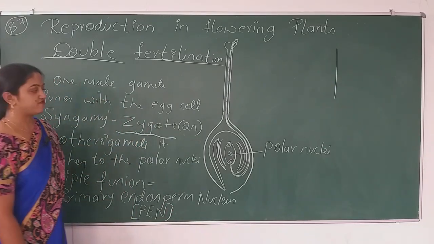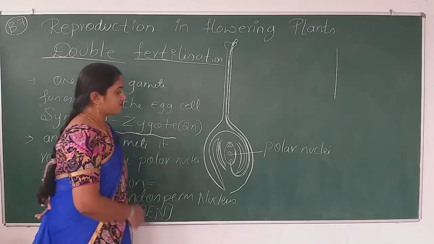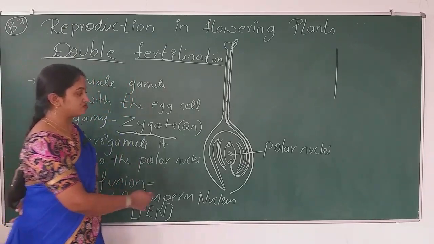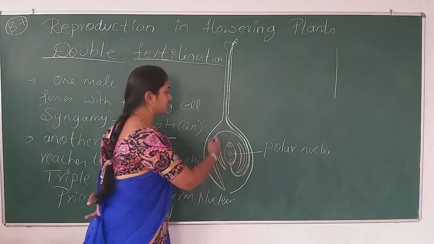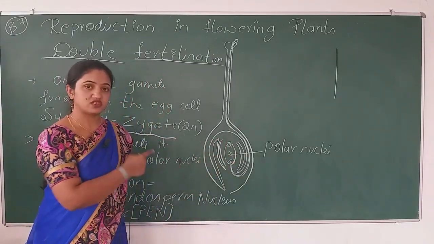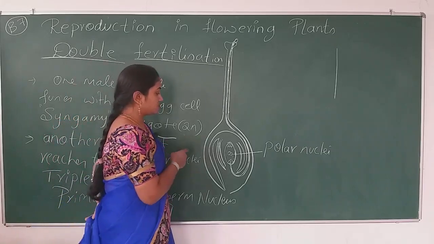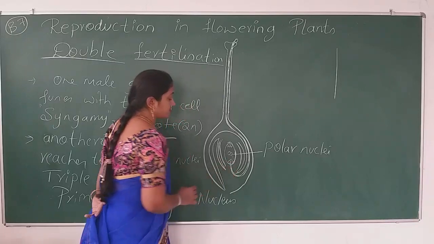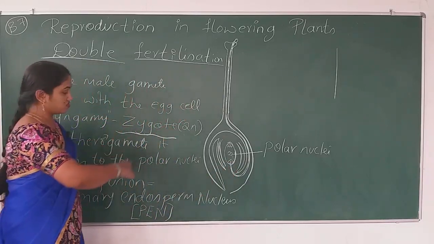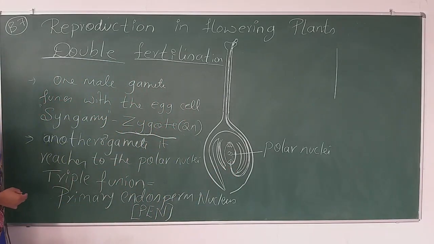In angiosperms, double fertilization takes place. After that, what will happen to the synergids, antipodal cells, integuments and ovules? This is what you have to observe today, so listen carefully. Let me tell you a few more points regarding the primary endosperm nucleus.